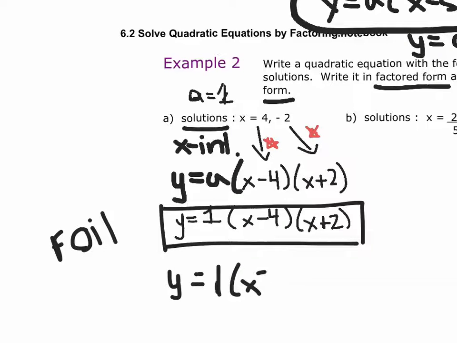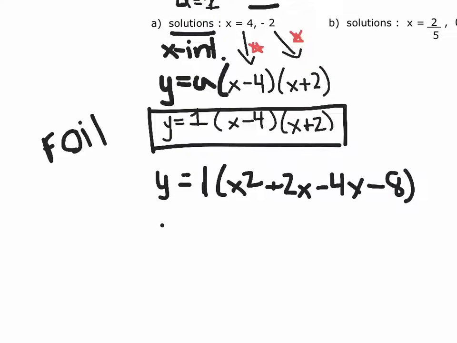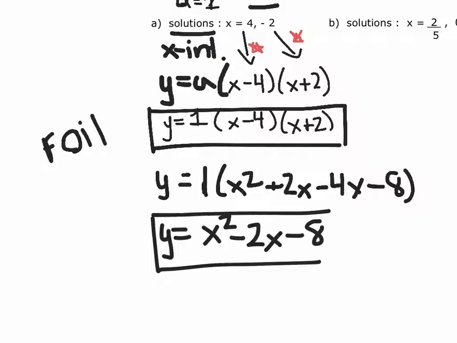We get x squared plus 2x minus 4x minus 8. Multiply by the 1 and collect like terms, and we're left with x squared minus 2x minus 8.